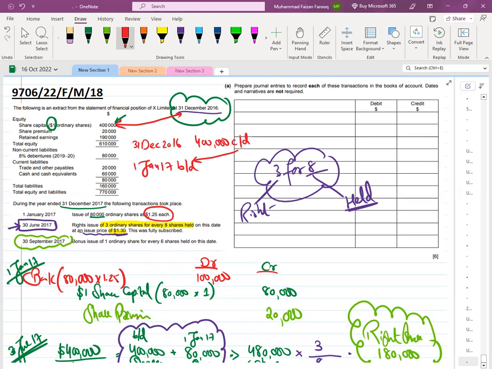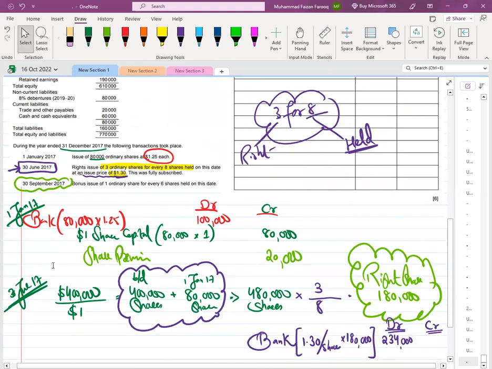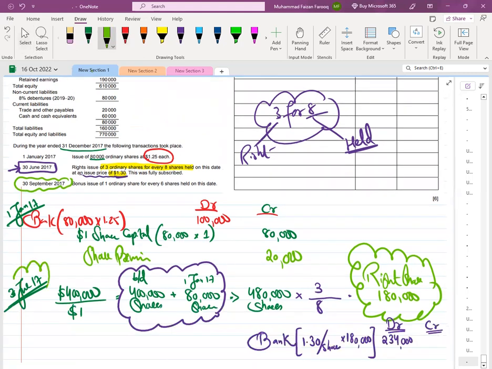Yes. We had an opening balance of $400,000, which is $1 divided by $1, which means we had 400,000 shares in issue when we started the year, right or wrong? Yes. On which date did we issue the right shares? What is the date of the right issue?